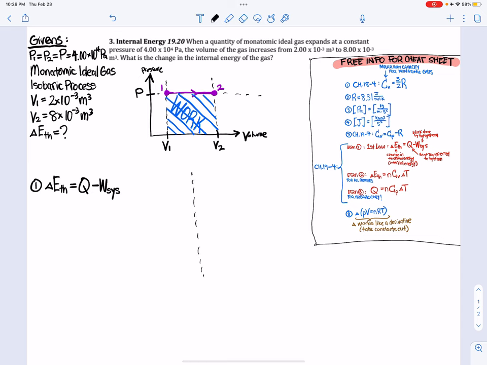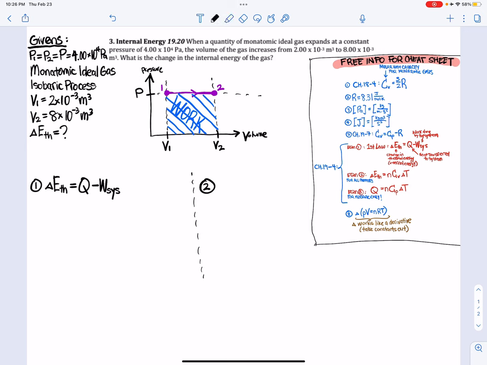The second way we can solve this is the equation right here, equation 2. So the first way was we use equation 1, right, from chapter 19, section 4. And the second way is to use this equation, which we can use for all processes, also from chapter 19, section 4.